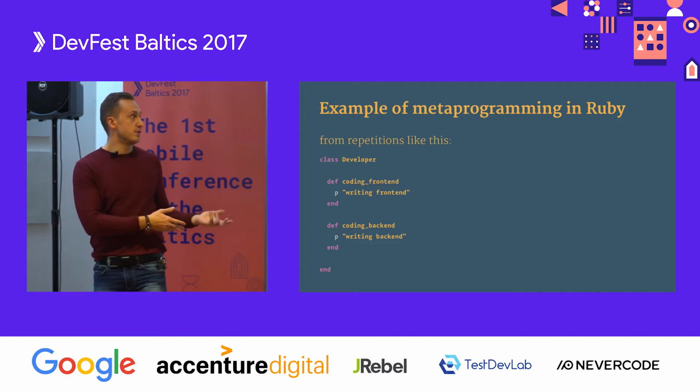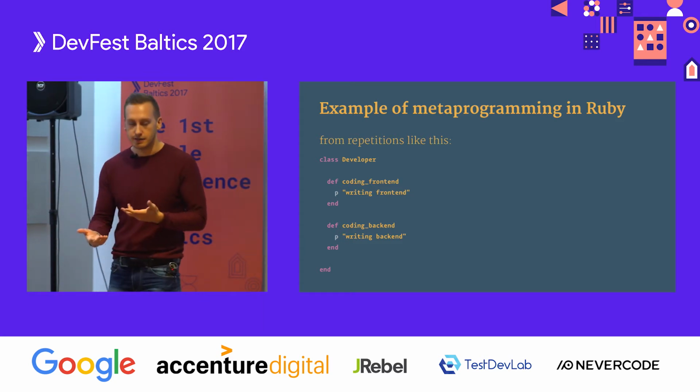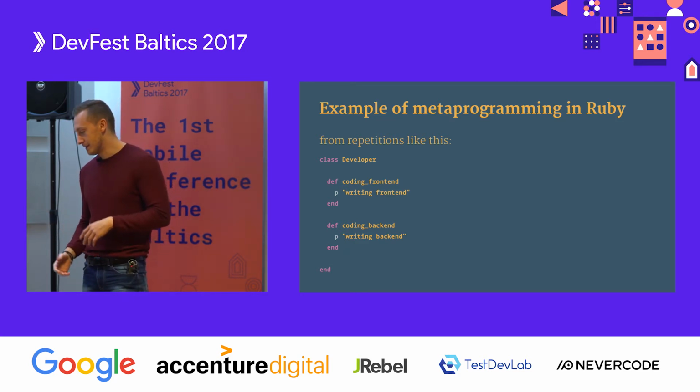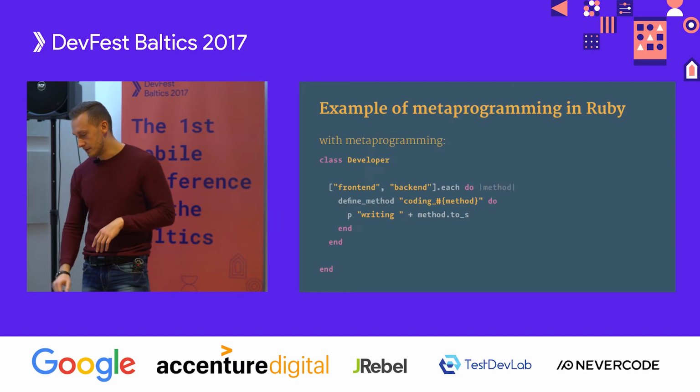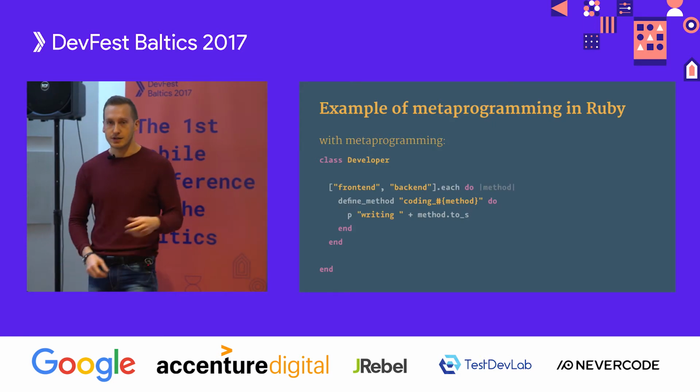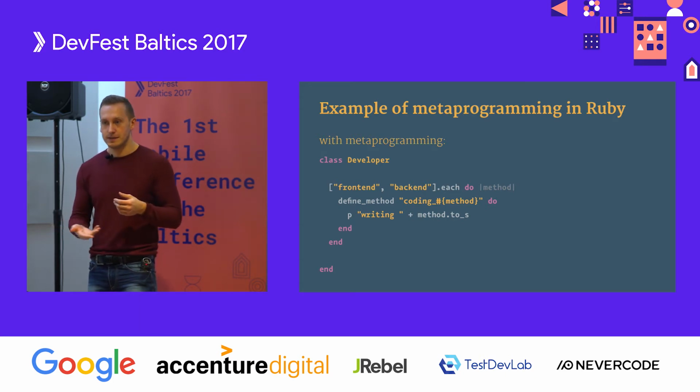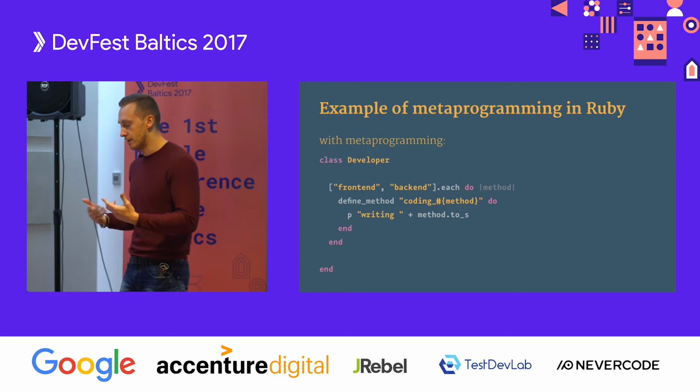So if you have something like that in Ruby and you notice there are some repetitions you would like to avoid, it's pretty simple to change this code. You extract the things that are different, do a for loop on them, and dynamically create a method. For each of the arguments, I define a new method.